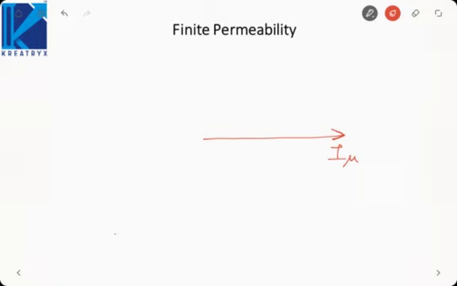That means flux and the magnetizing current are in the same phase. This concept you must always remember: the current producing the flux and the flux produced will always be in the same phase. Again I am repeating, the current and the flux produced by the current should be in the same phase. So what I will represent here is phi.